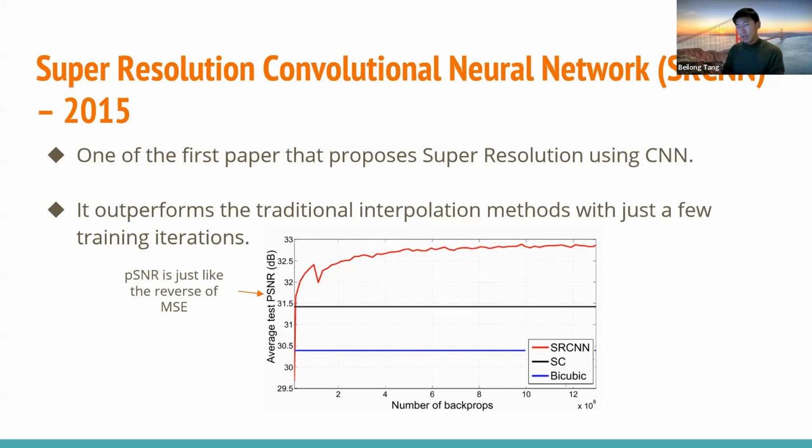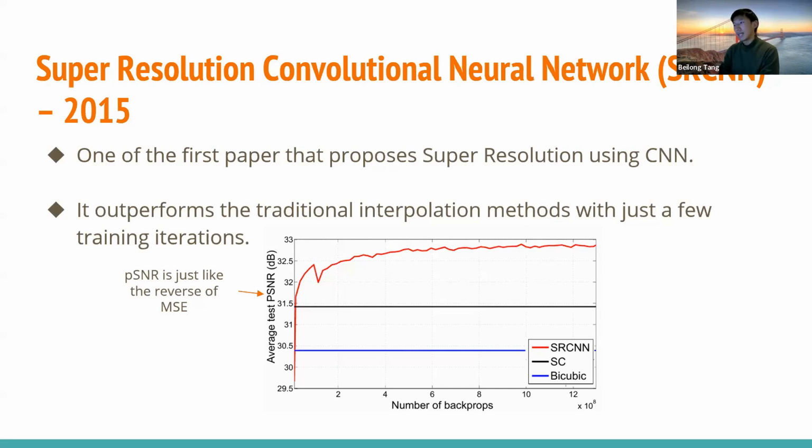From the result chart, we can directly see that it outperforms the traditional interpolation methods within just a few iterations. For this graph, we only care about the bicubic one and the SRCNN one. The x-axis is the number of backpropagations, and the y-axis is the average test score of PSNR. PSNR, I think you all know it from the homework. It is like the reverse of MSE, which means the higher the value, the better it is.